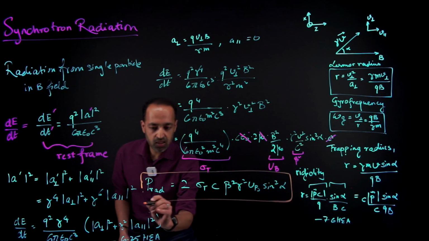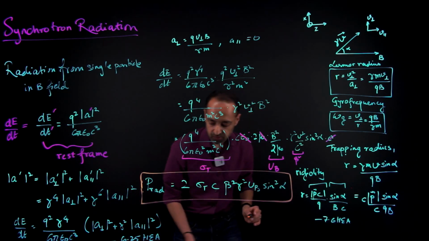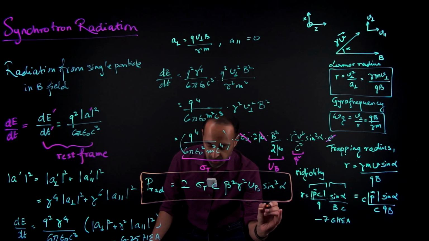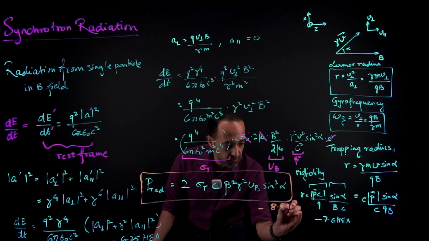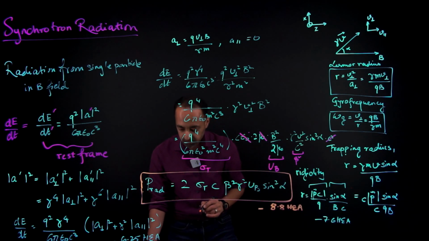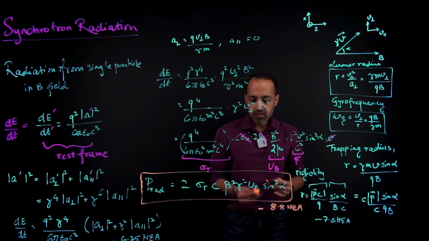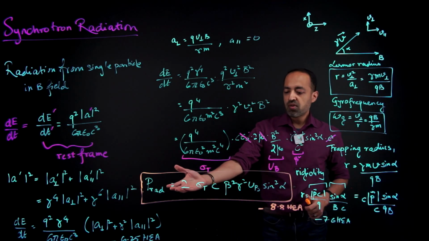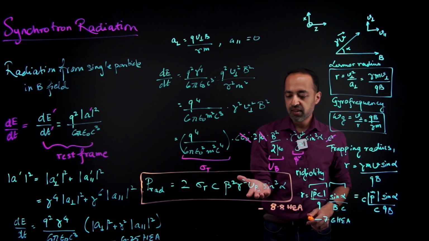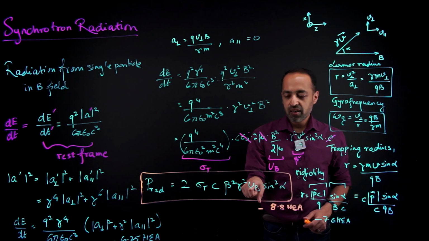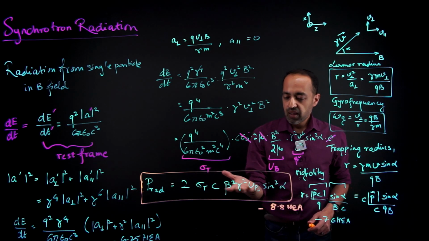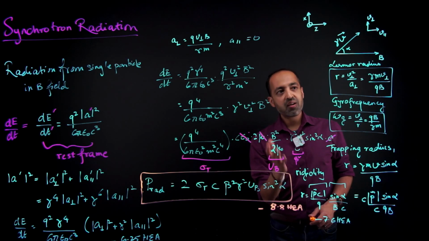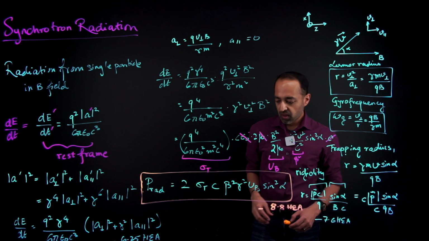Okay, so this is one of the key formulae that we've derived. This is equation 8.8 of high energy astrophysics. And it tells us the radiation power from a single charged particle in a magnetic field, where the magnetic field has been subsumed into this quantity U_B, which just is the magnetic energy density, moving at some pitch angle alpha with respect to the magnetic field direction.